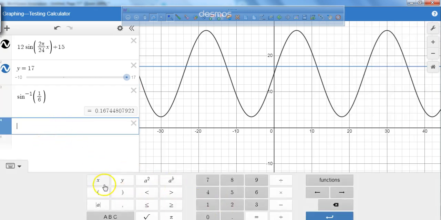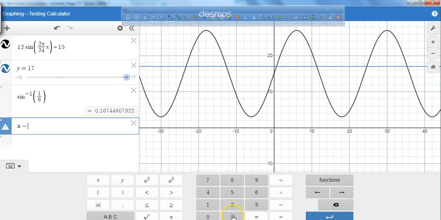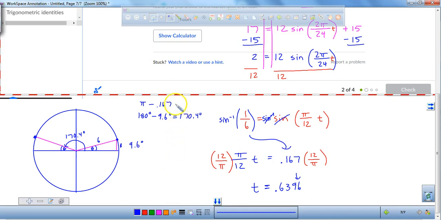I'm going to do pi minus 0.167, and I get 2.975 radians. That'd be the approximate value that's close to this 170.4. So, what do I do with that?